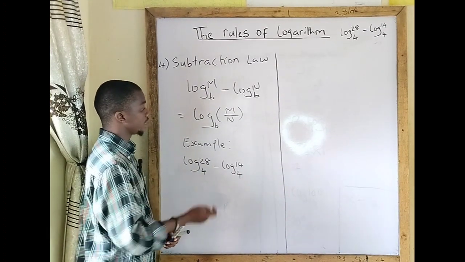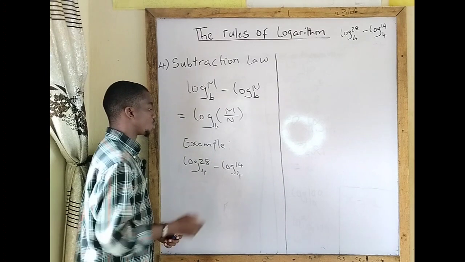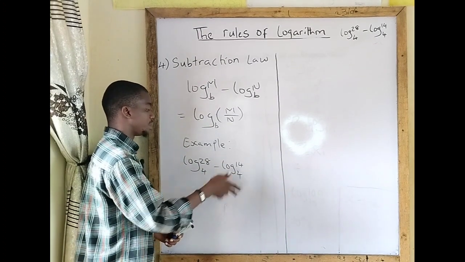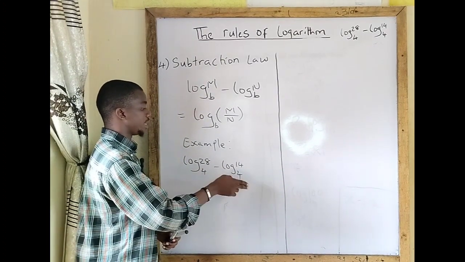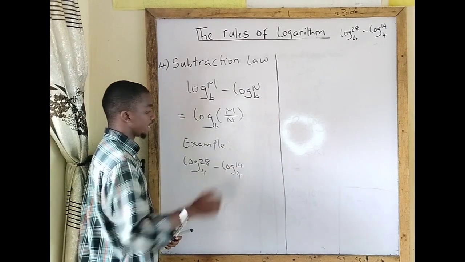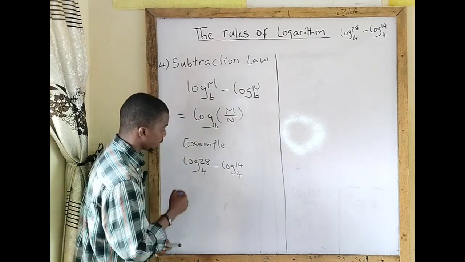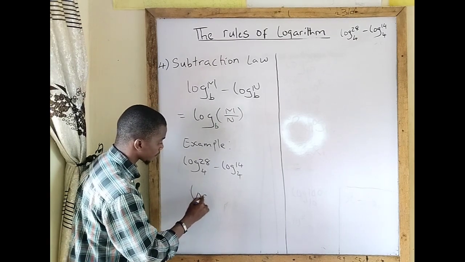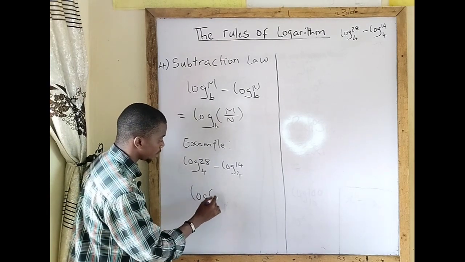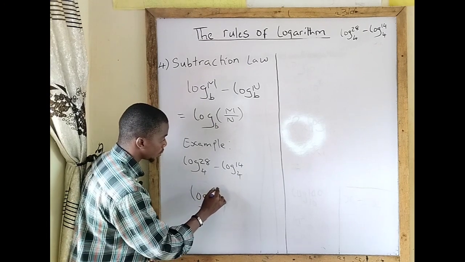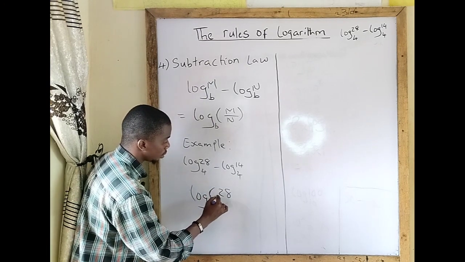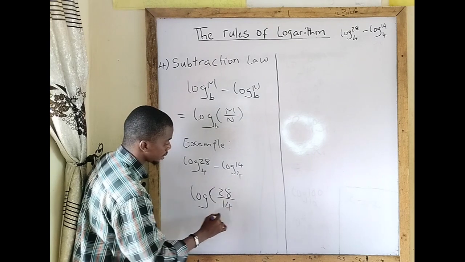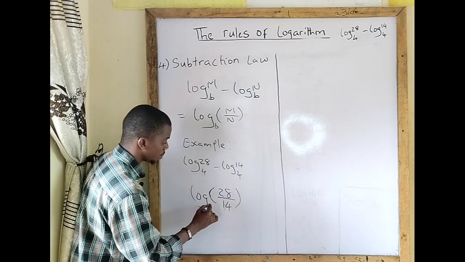Applying the rule from here, the rule says that when the two logs are subtracted, provided the bases are equal, we take the logs to the common base and divide. So solving this, we have log, bracket open, 28 all over 14, bracket close, to base 4.